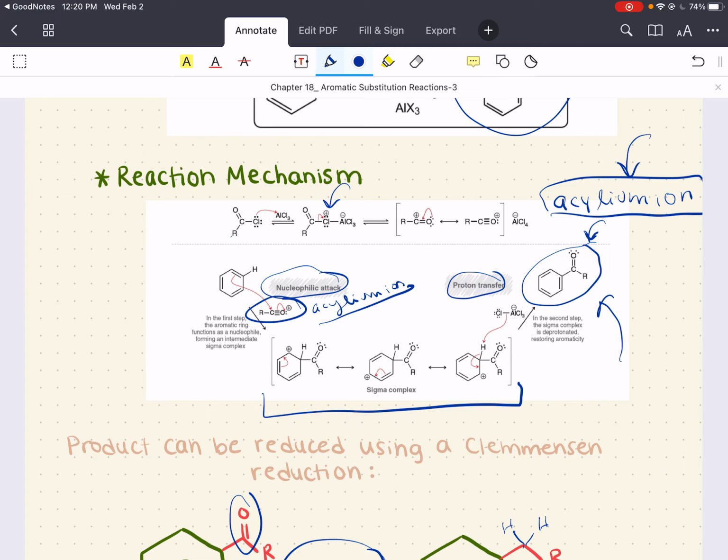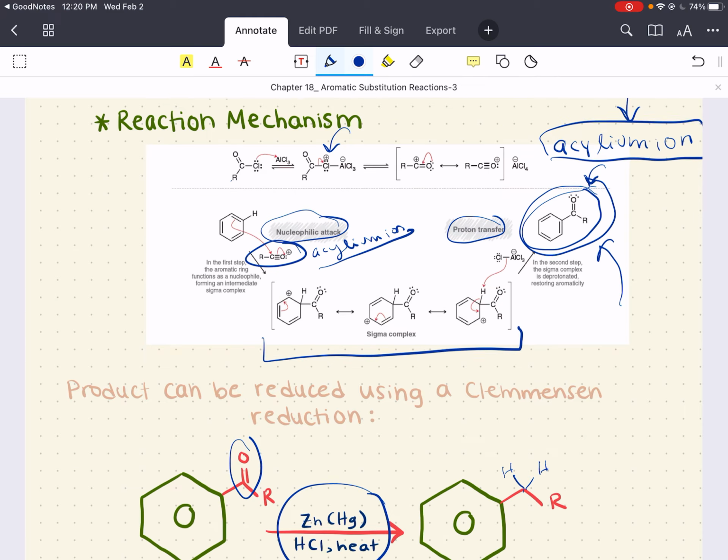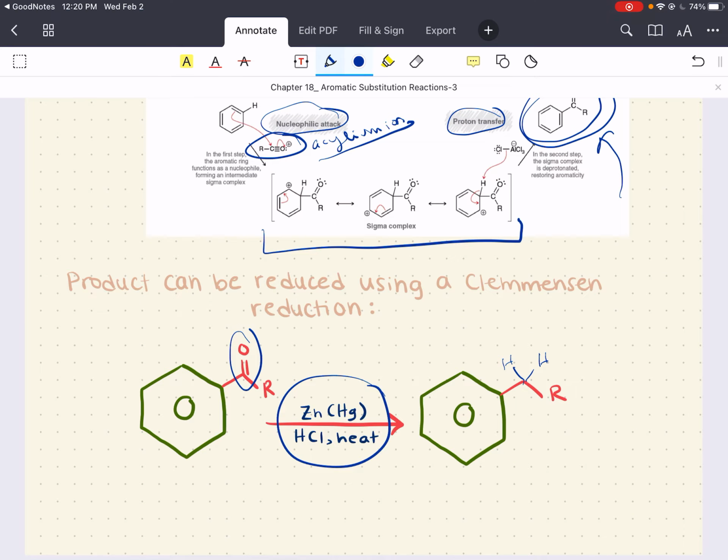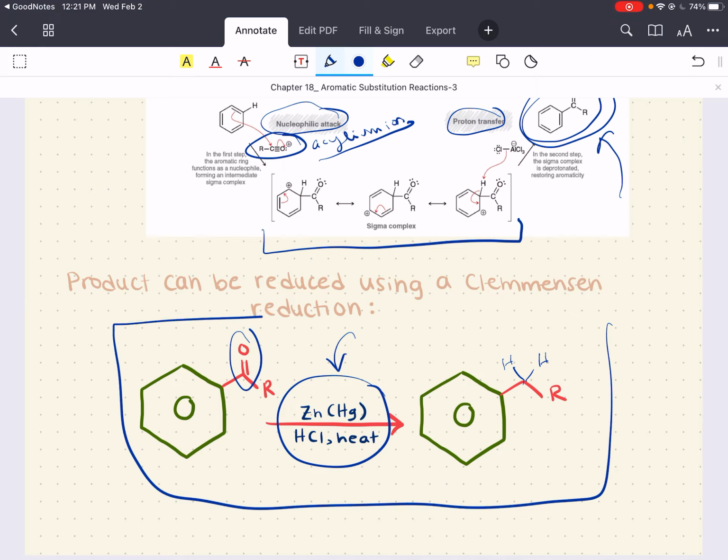All right, where we get at the end of this an aryl ketone attached to, of course, our benzene ring. What we can further do is reduce it using these reagents. Again, this is going to be very important for synthesis problems that we are going to do later.